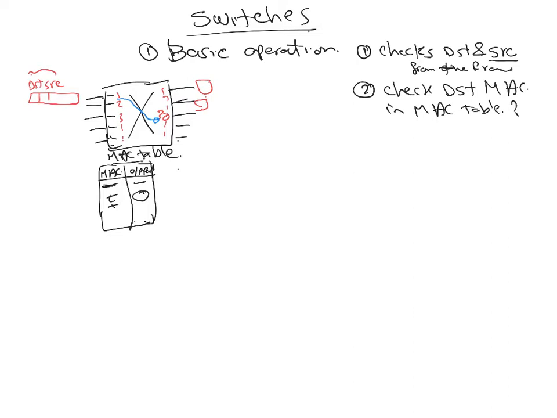But when the switch first starts, similar to a child that's just born, it doesn't actually know anything. It doesn't know which MAC address is connected where. In other words, the MAC table is empty. So the answer to this question will potentially be no, it does not exist in the MAC table.